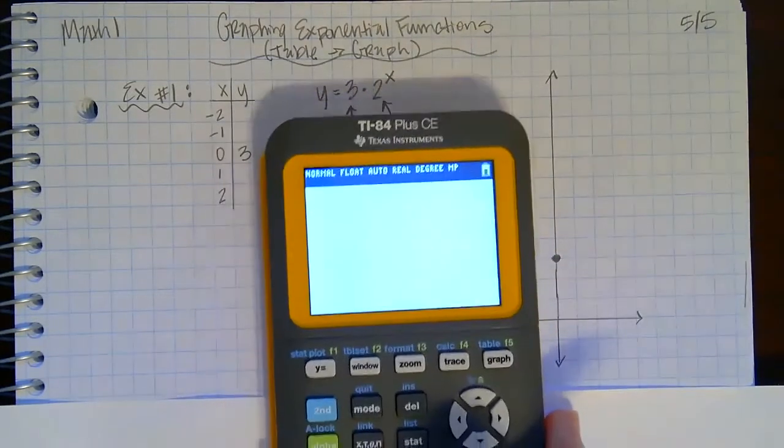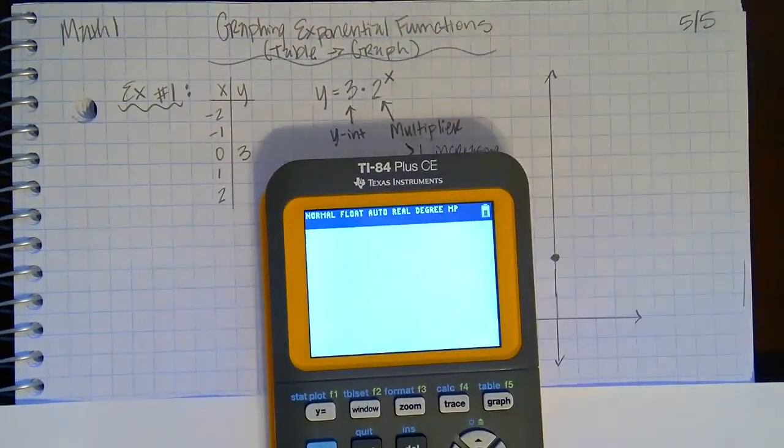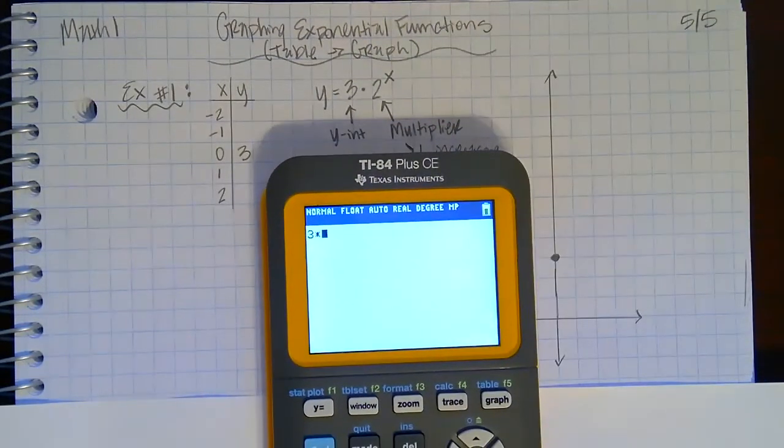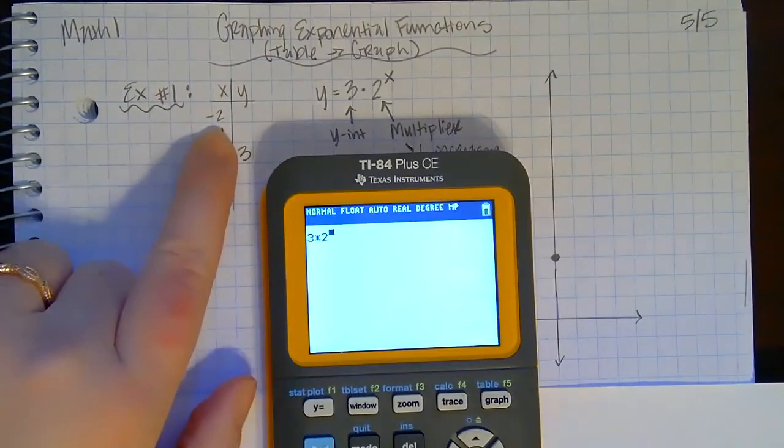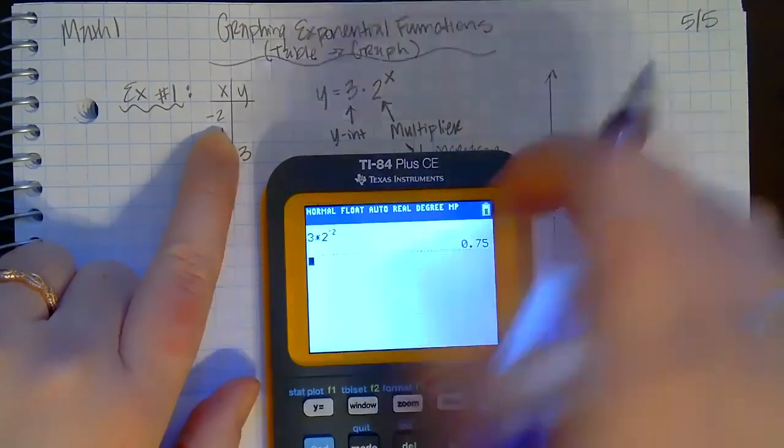So you can type in your calculator just this part right here. So I can put 3 times 2, and then I could put the little exponent button, and then whatever the exponent is. So for example, for the first one, -2. See, I'm substituting in -2 there into my calculator, and I get 0.75.